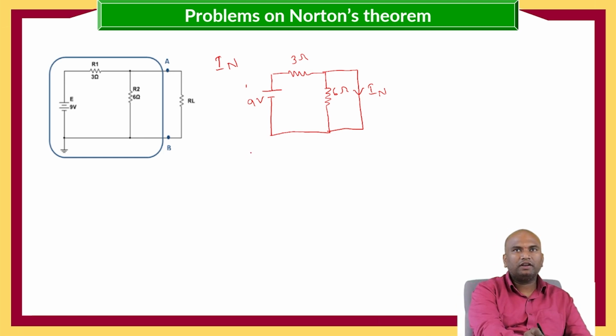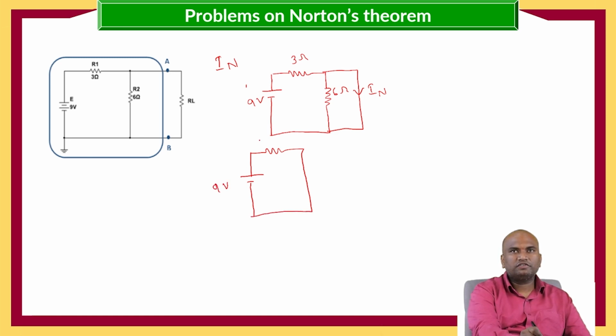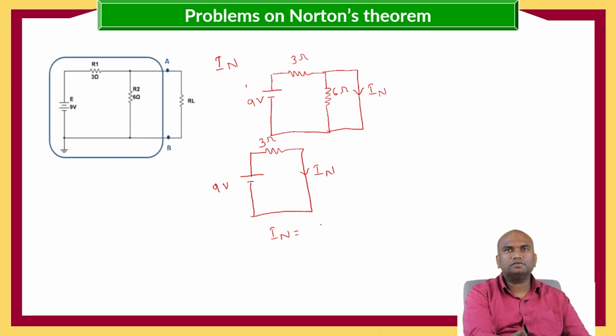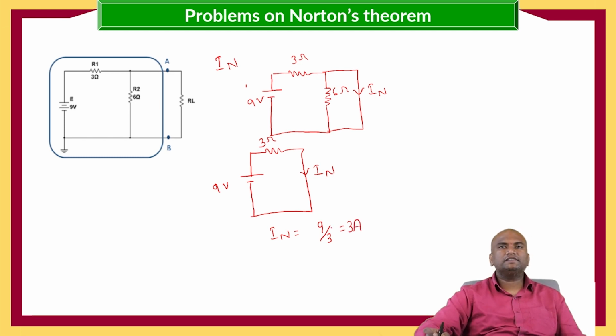So our circuit will become 9 volts, 3 ohms and IN, where IN is the short circuit current, that is equals to 9 by 3, which is equals to 3 amperes. This is the Norton's current.